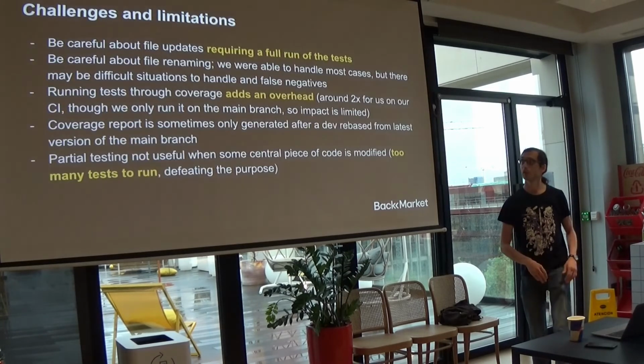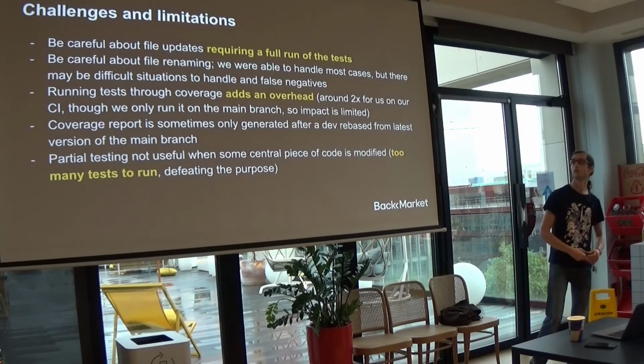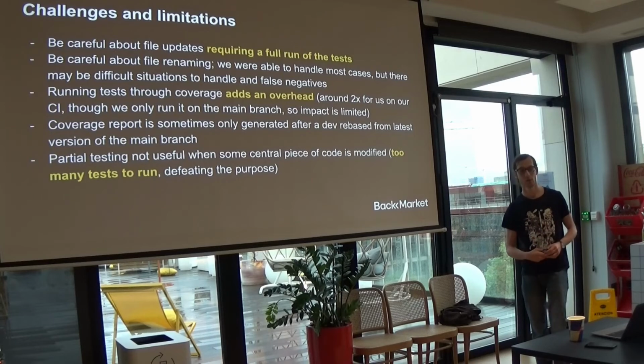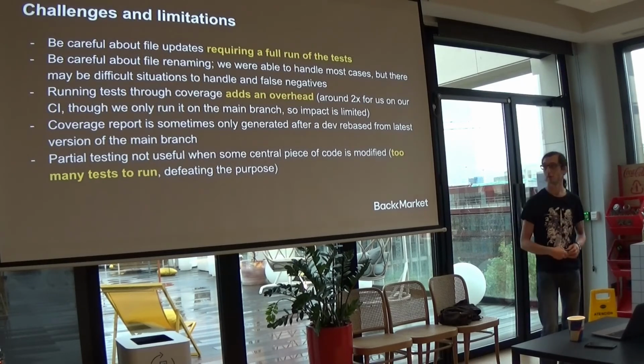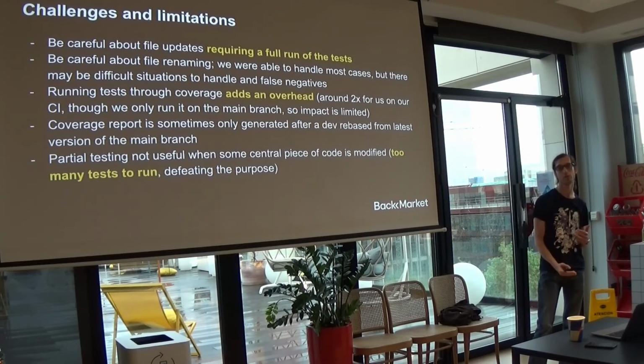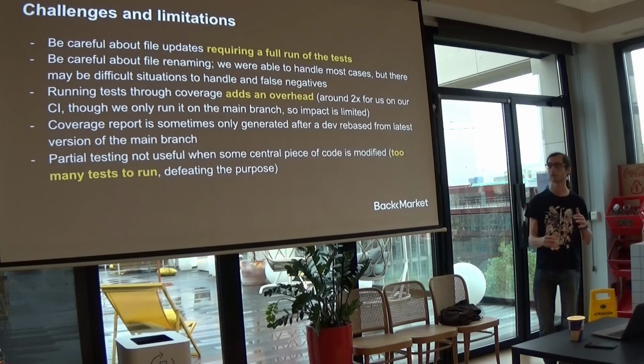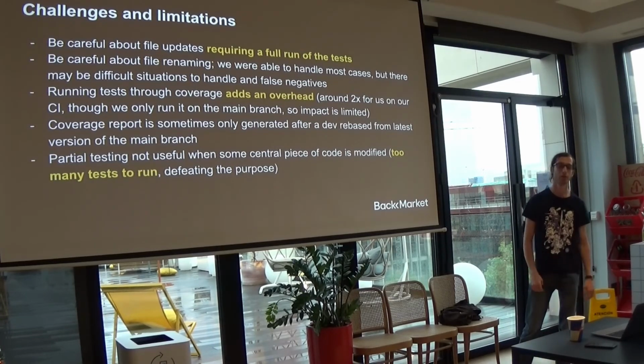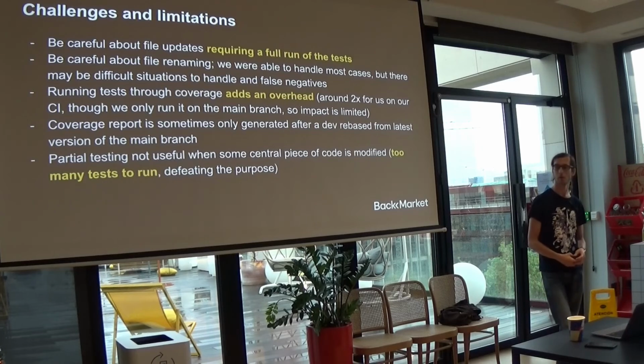So there still are some challenges and limitations with the solution. The first thing is that you need to be careful about file updates that require a full list of tests, because as we said earlier, if you update requirements, it's hard to assess if there's an impact on the full test suite or not. You also need to be careful about file renaming, because we were able to handle most cases, but we didn't get it right the first time.